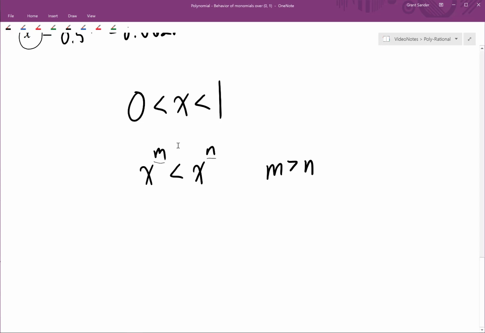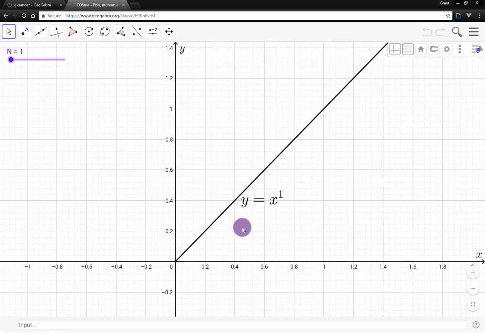Let's take a look at this graphically. So here I have the graph of y equals x to a power of 1, which is just equal to y equals x. And I'm only showing positive values of x, but this graph could go on to the left as well. But we'll just look at values of x greater than 0. So now let's add y equals x squared.